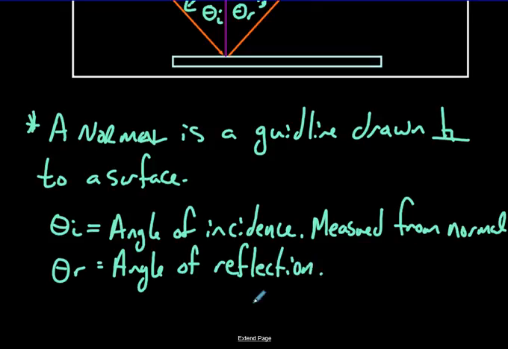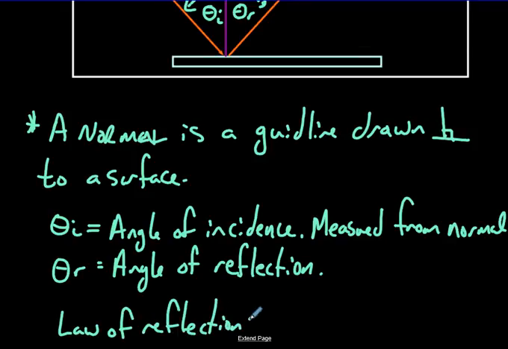Let's write a note of that. So what is the law of reflection? The law of reflection is quite simply this: the angle of reflection is always equal to the angle of incidence, and those are measured from the normal. Measured from normal.